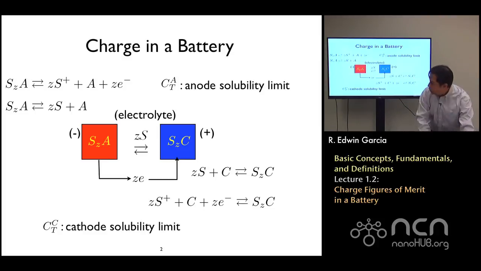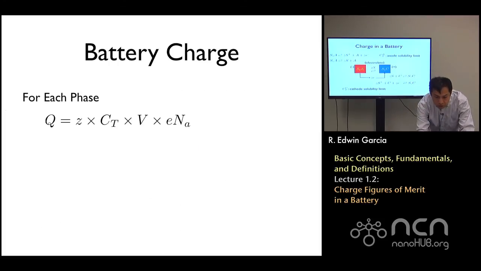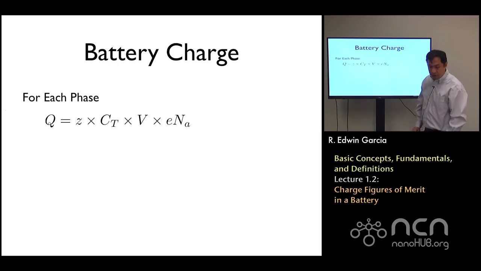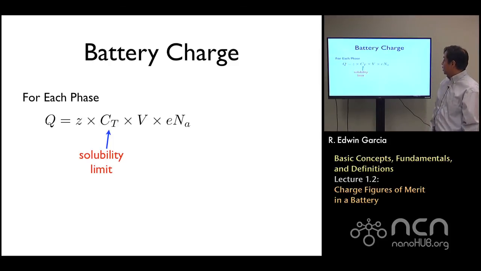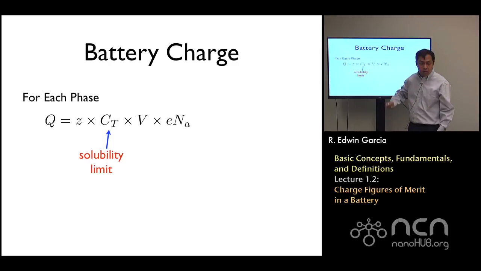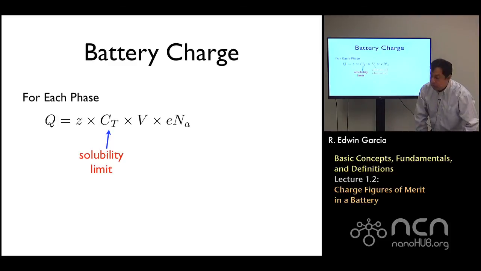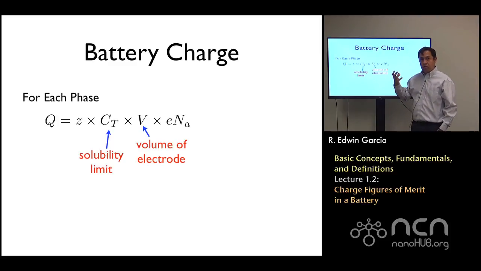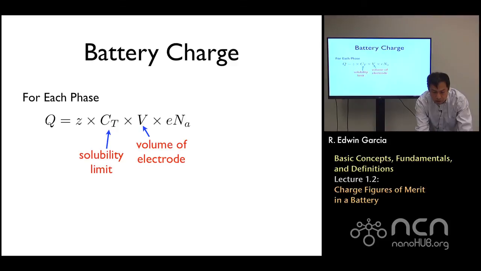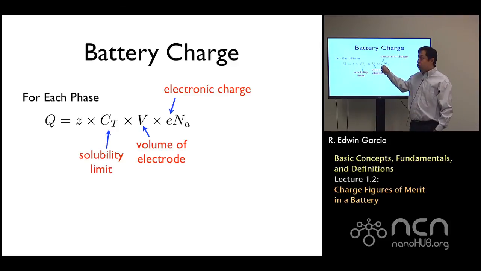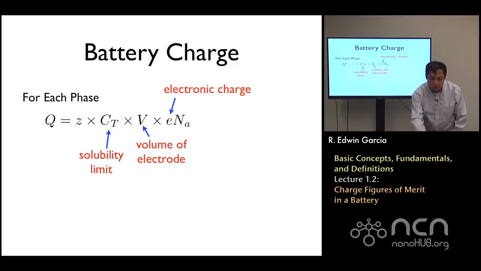So how do we relate that solubility limit to the charge of the battery? Well, for each phase of the battery, we have our solubility limit, again in moles per meter cube, the volume of the electrode, how much volume that mass is occupying, the electronic charge, times, in this case, the valence.